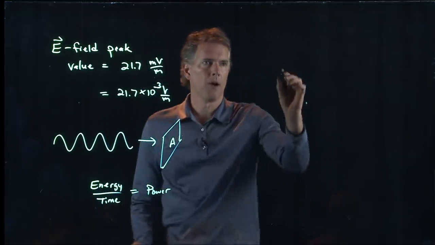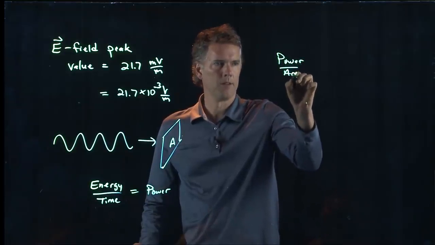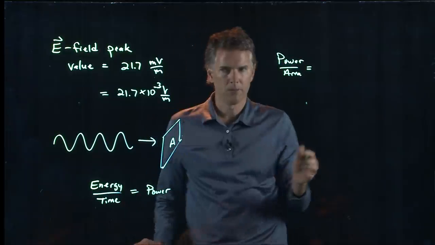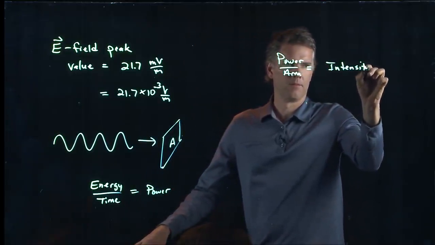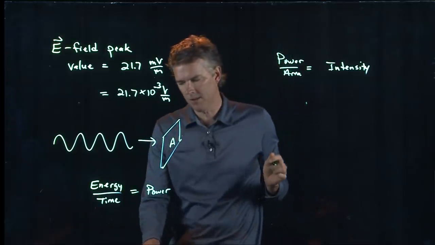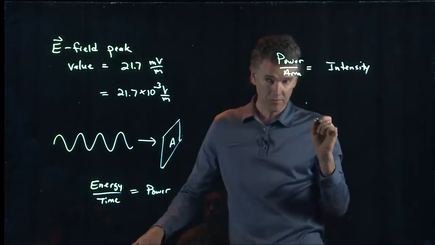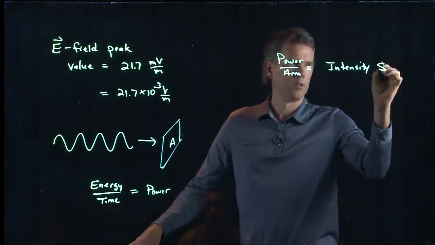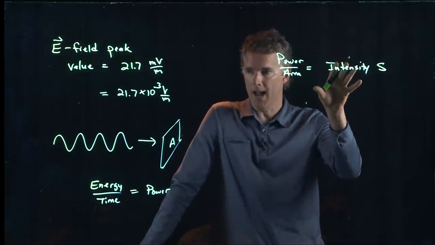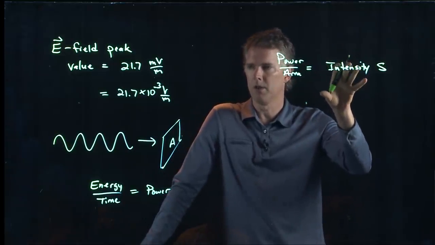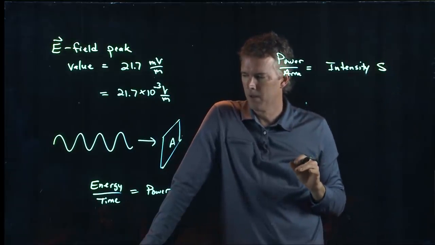And when we talked about power per area, that was what we called intensity. Now yesterday we were using intensity as S. In your book, I think they use intensity as I. So just make sure that you're aware that where we're using S, they were using I.